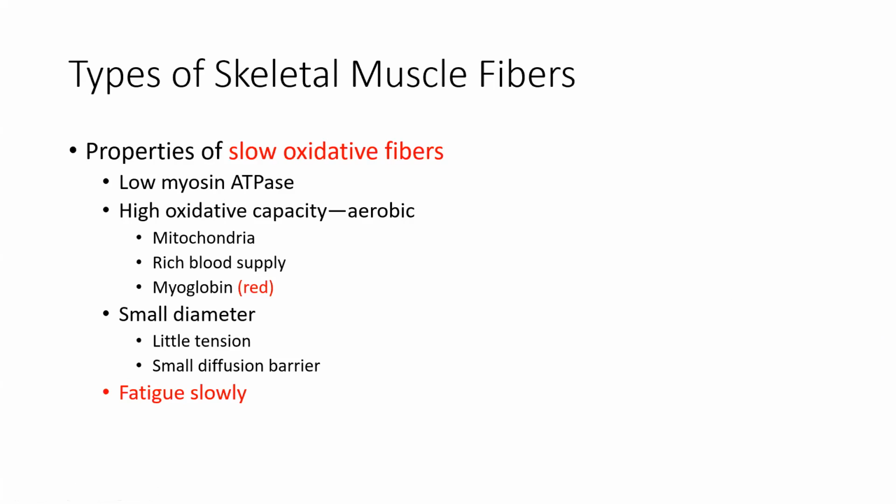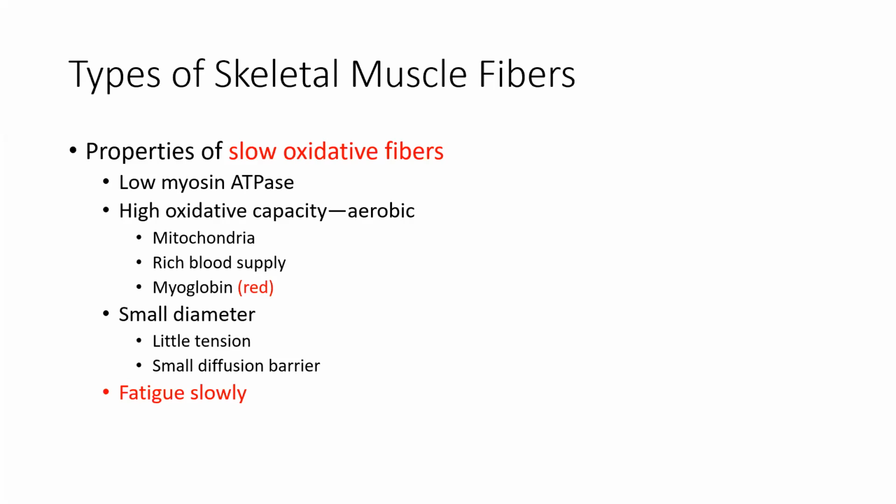They're smaller in diameter, and because they're smaller in diameter, this also translates to how much tension, how much force they can produce. And we talked about the idea that fewer cross-bridge cycles, fewer myofibrils translates to less tension or force production. And so because these fibers are smaller, they also produce less force, less tension. Then they've got a small diffusion barrier, so they're smaller in their diameter, and that feeds into this idea that they rely on that diffusion of oxygen from the capillaries, and so they can't get too large.